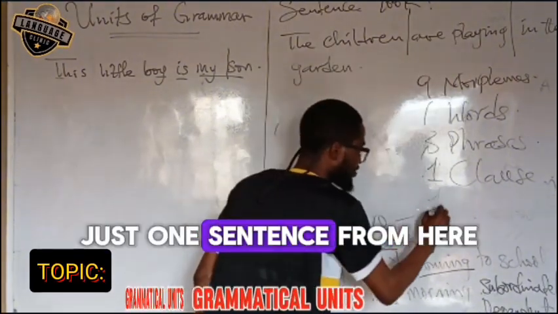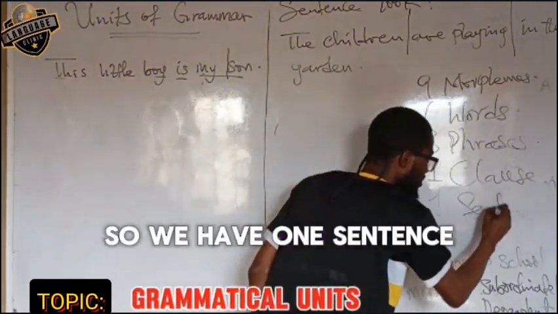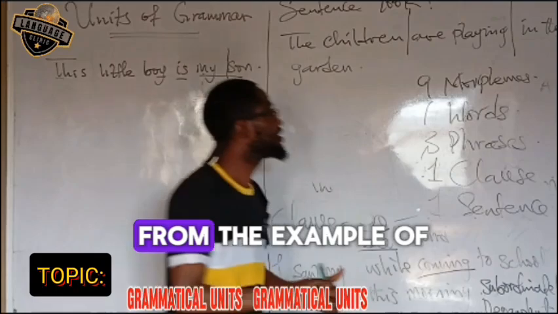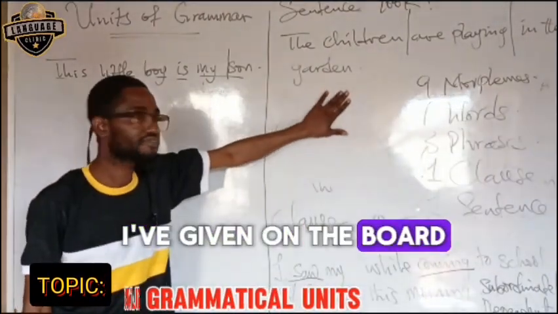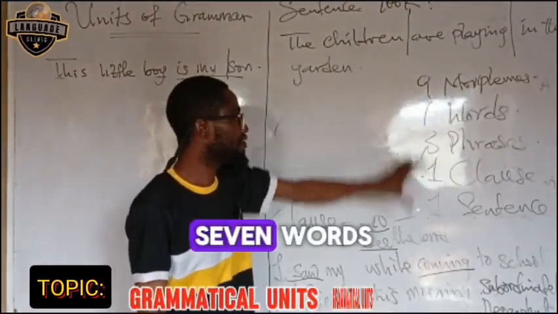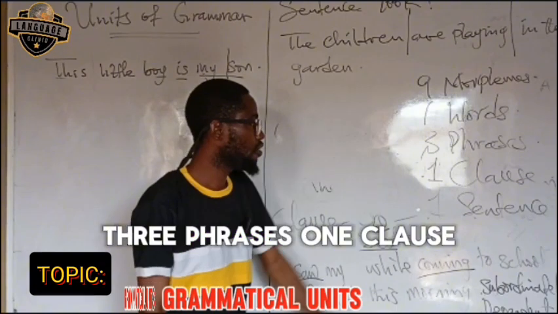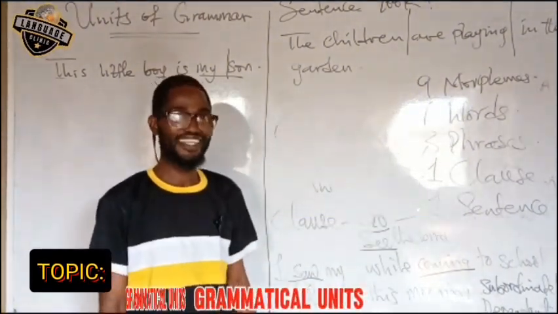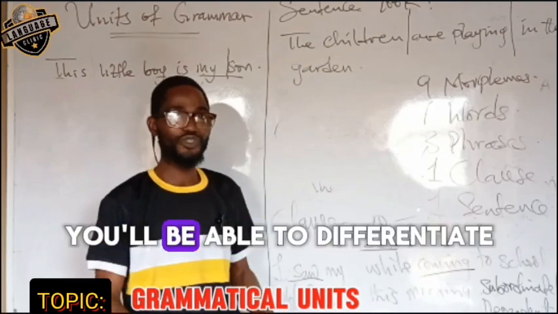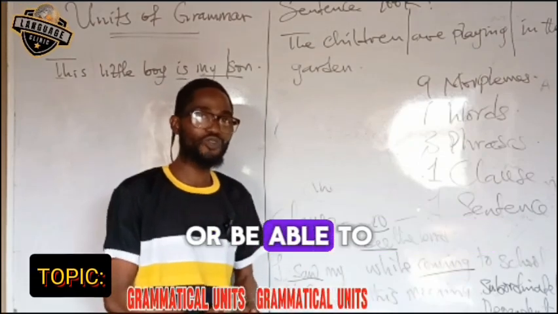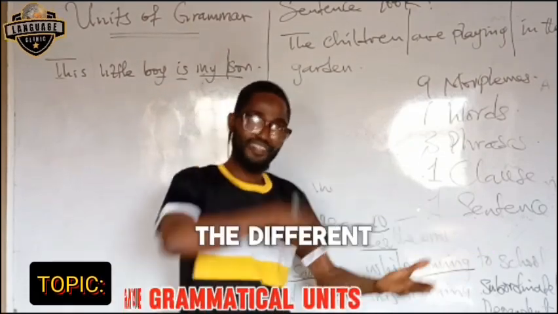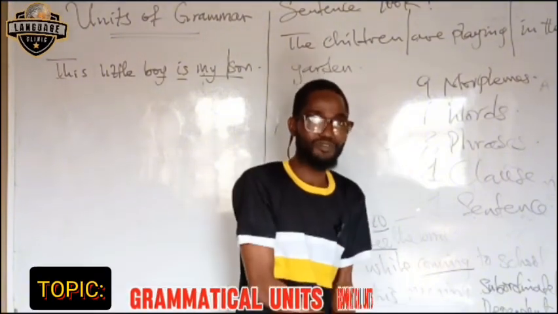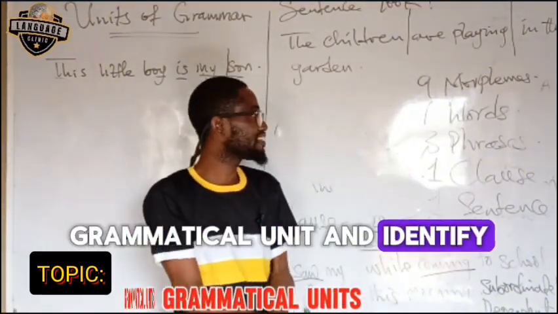So we can see from the example on the board, we have 9 morphemes, 7 words, 3 phrases, 1 clause, and 1 sentence. You can also do this at home, and you will be able to classify on your own the different grammatical units and identify them in a sentence.